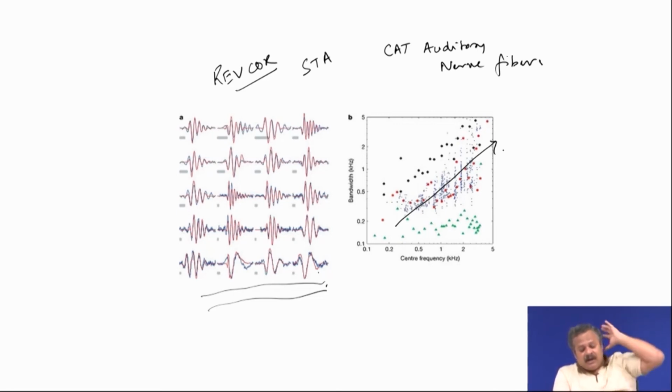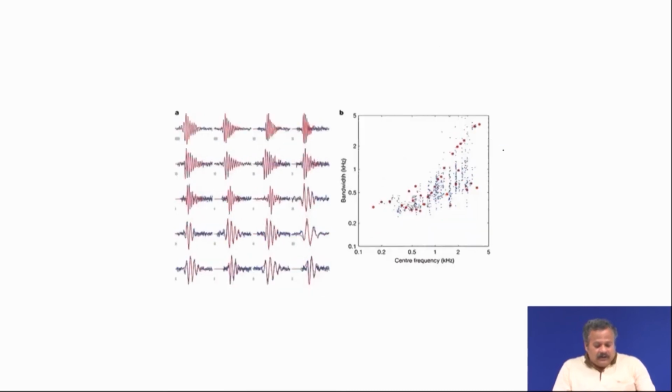Here the same kind of filtering from the same theoretical principles is being achieved at the very periphery in the auditory nerve, which is the first stage in auditory processing, and it is carrying information into the central nervous system.